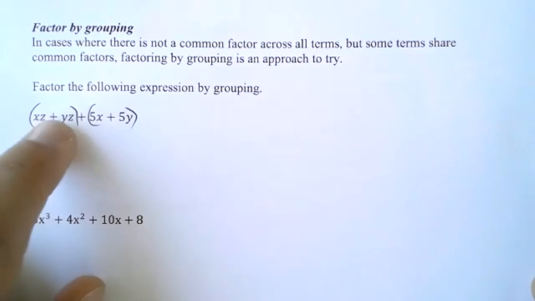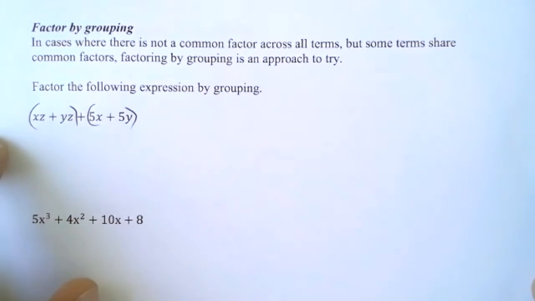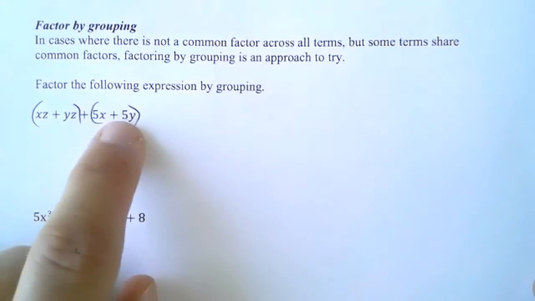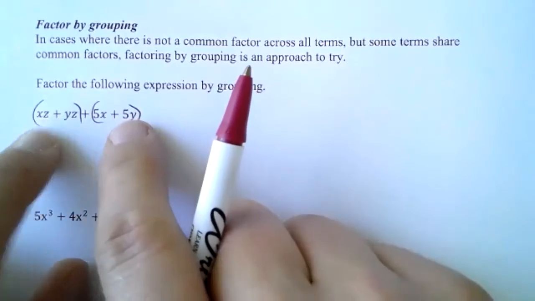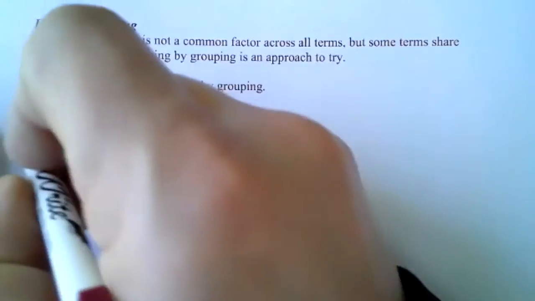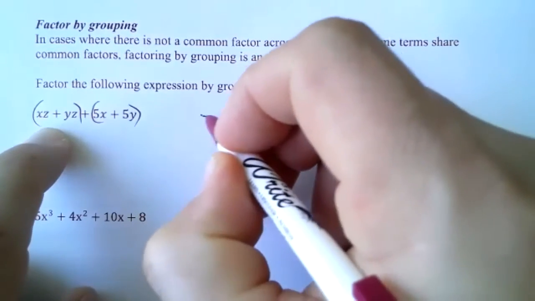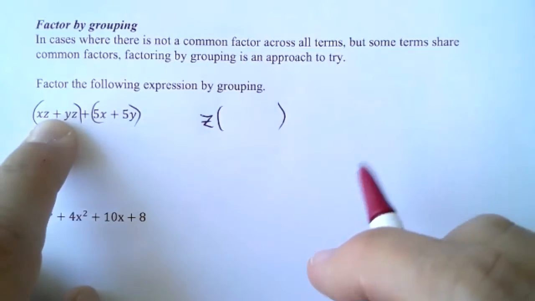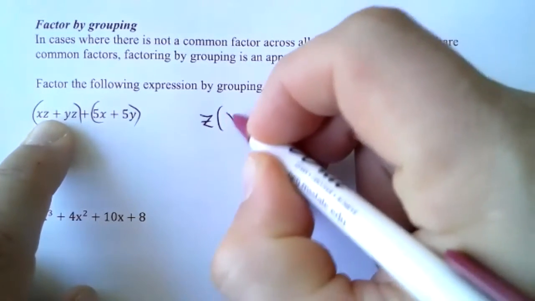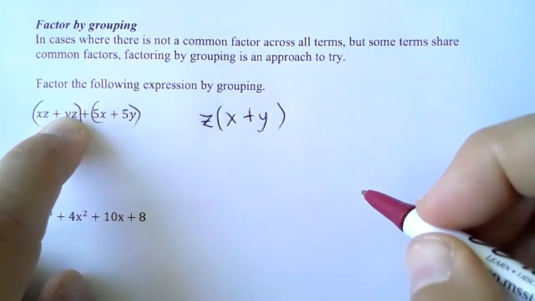So basically you treat this just like we did a minute ago and pull out what's common. Same thing over here. You'll treat this and pull out what's common. So it's kind of 2 problems in one, all right? So in this case, the GCF of the first part would be z, all right? You see the z in both terms? So we've got x here if I pull out a z, and I've got y here if I pull out a z, all right?